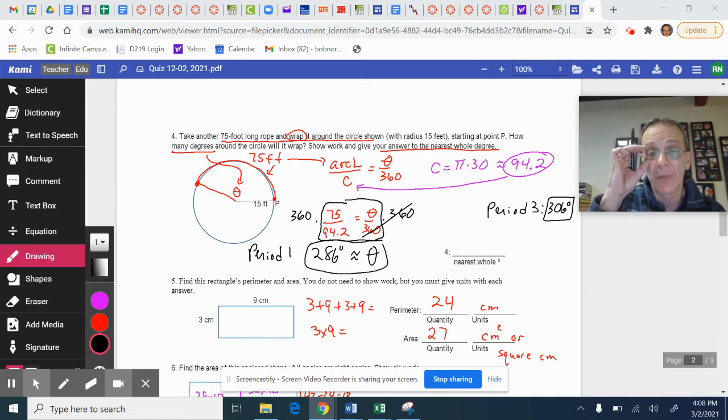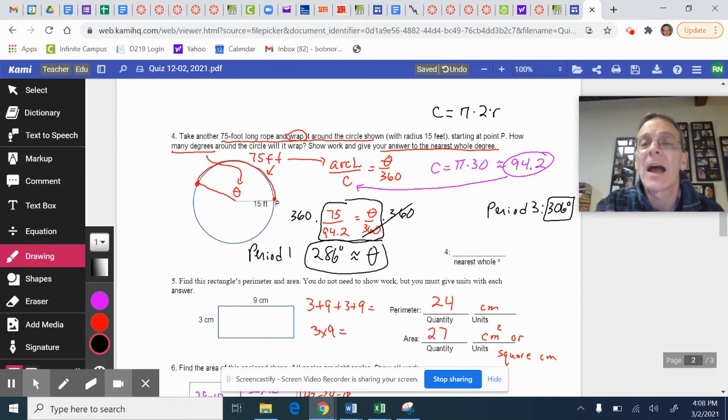So I could forgive you for that. But what troubled me in many cases was people who wrote down C is equal to pi times diameter or 2 times radius. I saw a lot of people writing down the formula 2 pi r instead of pi times diameter. That's fine. That's an acceptable formula for circumference.